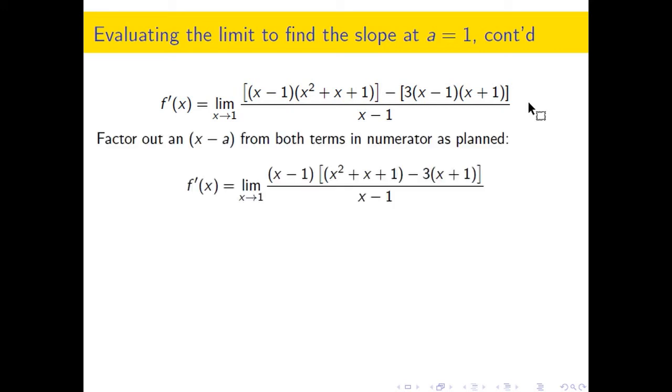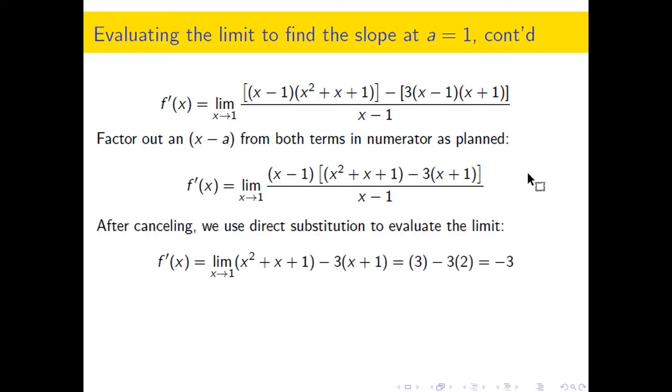So here's what I had. This is the same as the last equation on the previous slide. Here's the x minus 1 being removed. I apologize, that says x minus a, but a equals 1. So sorry, we're trying to factor out an x minus 1 from both terms. We're going to cancel it, so we're just left with the part in the brackets.